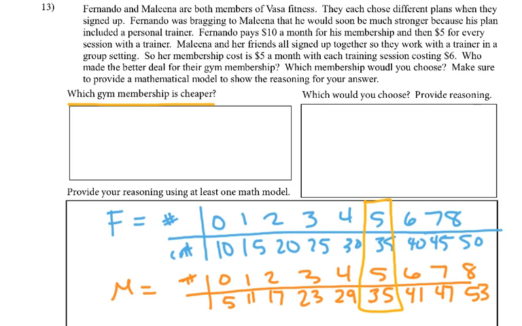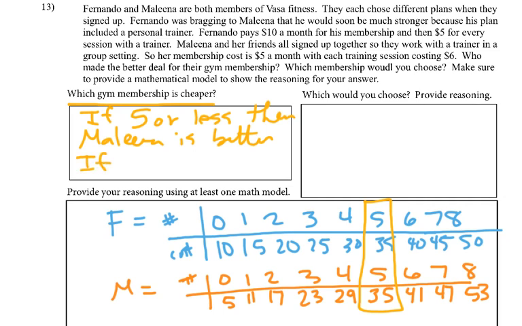If you're only going to meet with your trainer 5 or fewer times, then Fernando is better. Or wait, no, not Fernando, Melina, mixing it up, is better. If you're meeting 5 or more times, then Fernando is cheaper, is better, whatever you want to say, depending on which route you go.